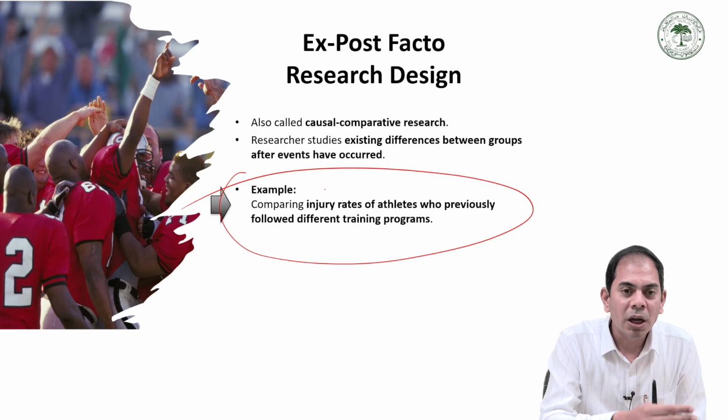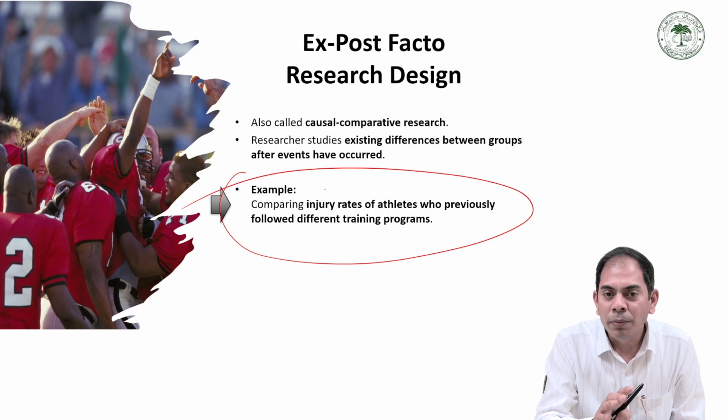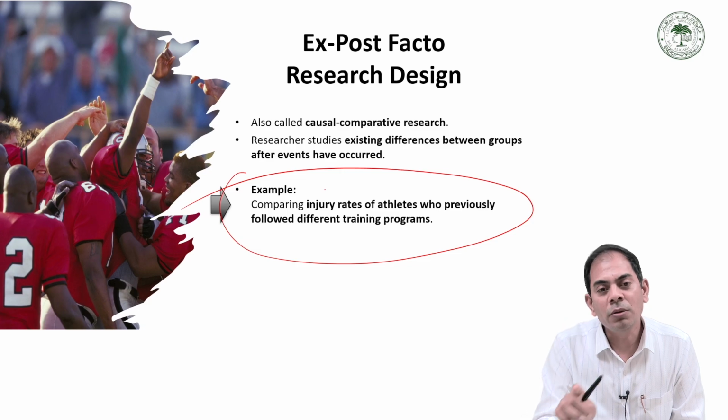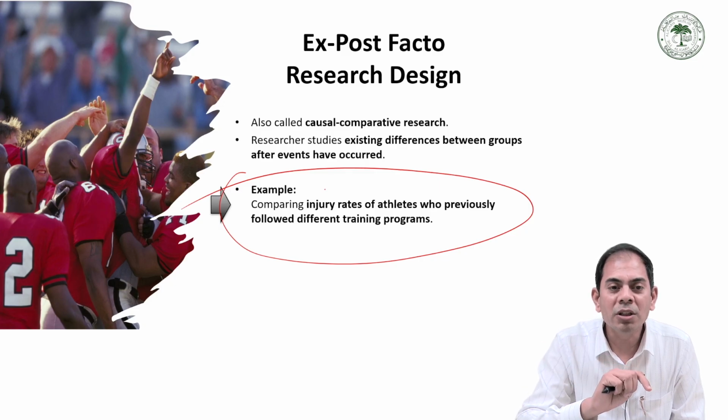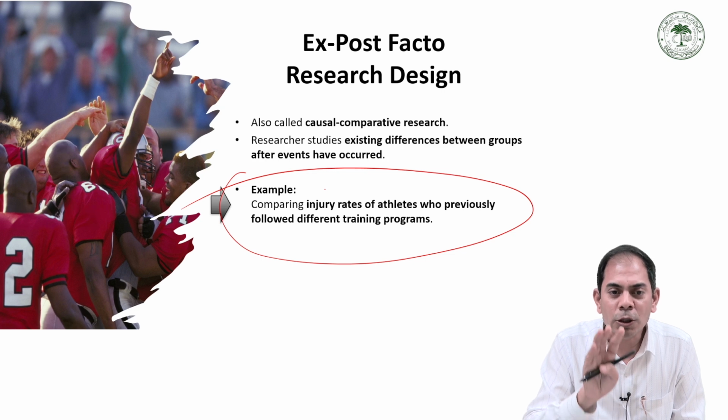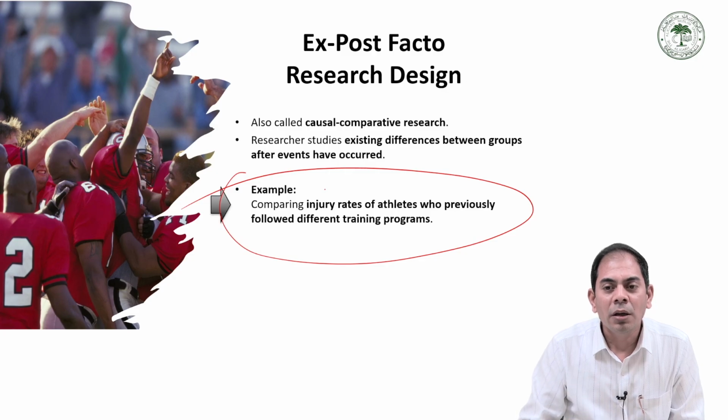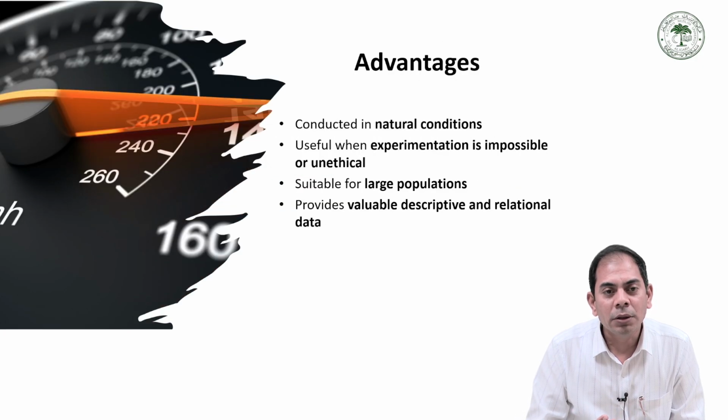The injuries already happened before the research design. The researcher only compares the groups to see whether the training program may be related to different types of injuries. So ex post facto research studies existing conditions and compares groups after the event has already happened.